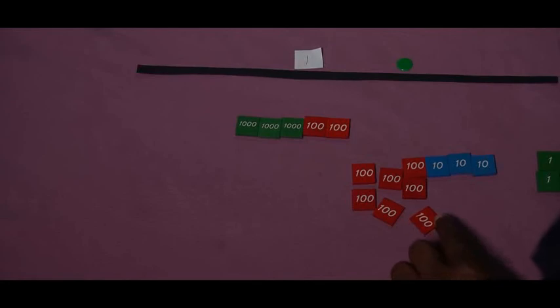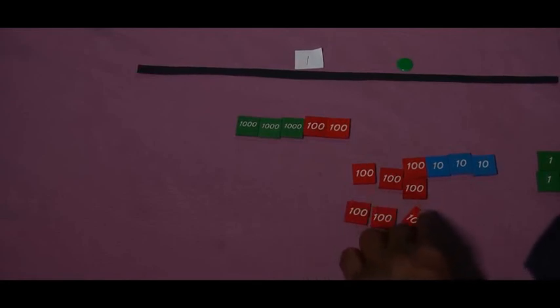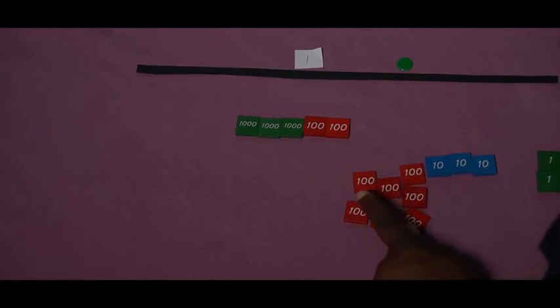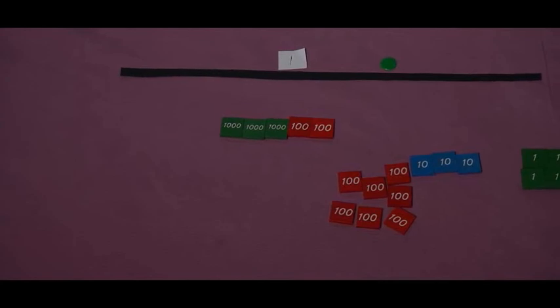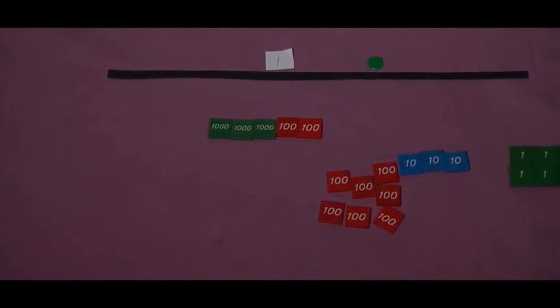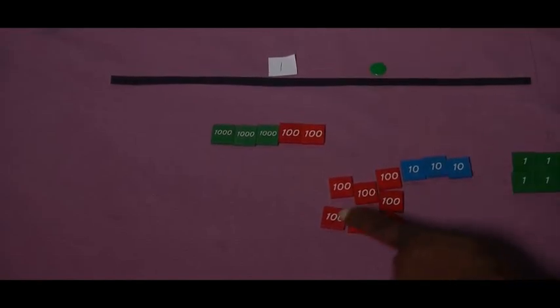So how many tens do I have now? I have 1, 2, 3, 4, 5, 6, 7. I have 73 tens. How many groups of 32 can I make out of my 73 tens?